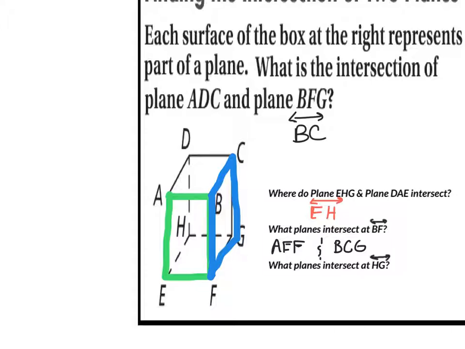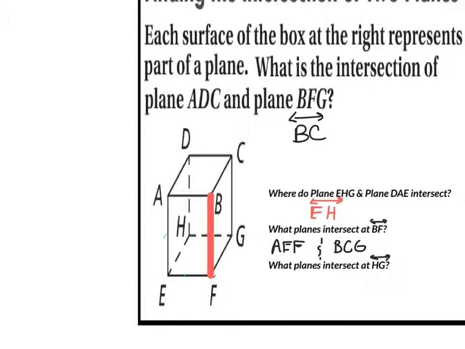All right, let's take a look at this last example here. It says, what planes intersect at line HG? Line HG is down here along the bottom.